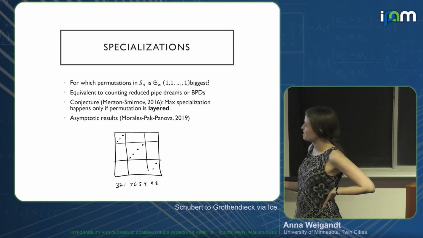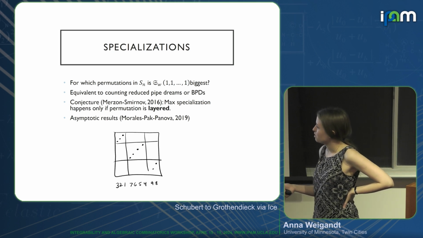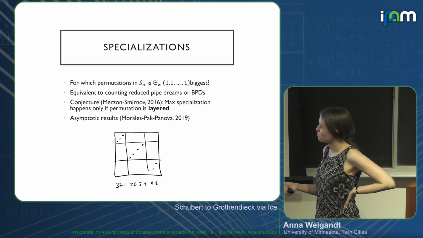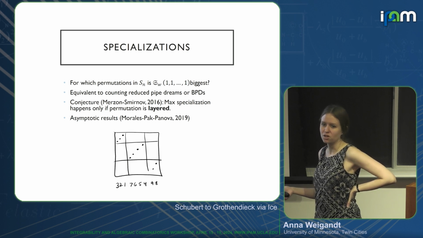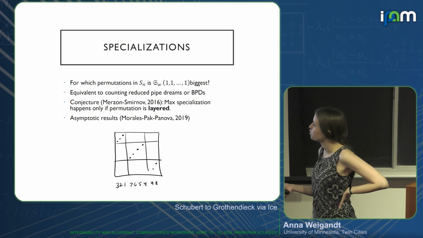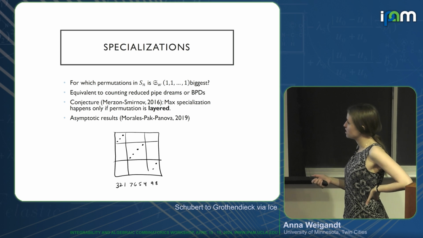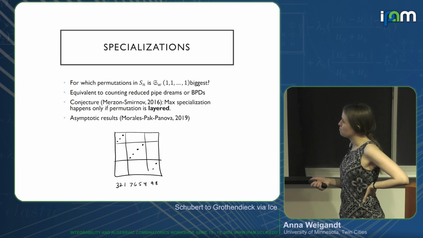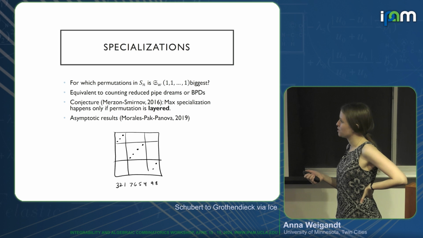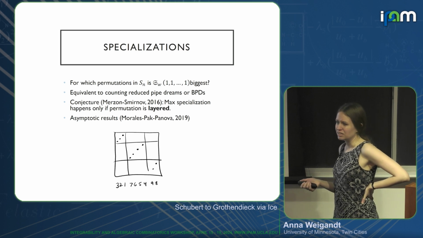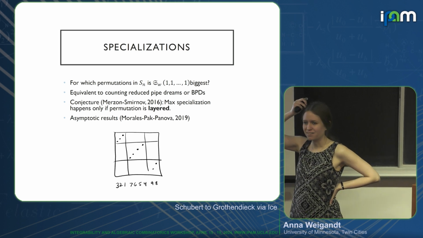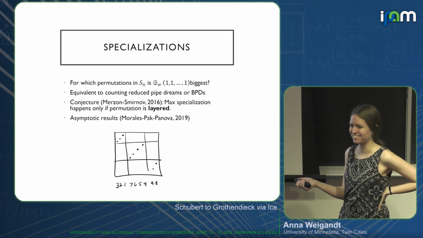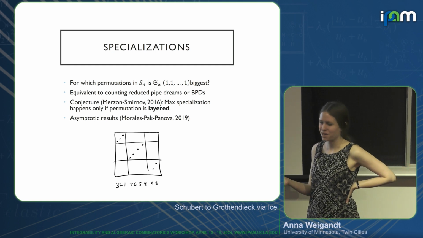So these are permutations that, as a block matrix, look like you're taking a bunch of longest permutations in these little blocks and putting them along the block diagonal. So there's some asymptotic understanding of the situation and what goes on with layered permutations in particular. But this conjecture is simple to state, yet has remained elusive. So can you better understand how many monomials there are as a start, and which permutations attain the maximum?